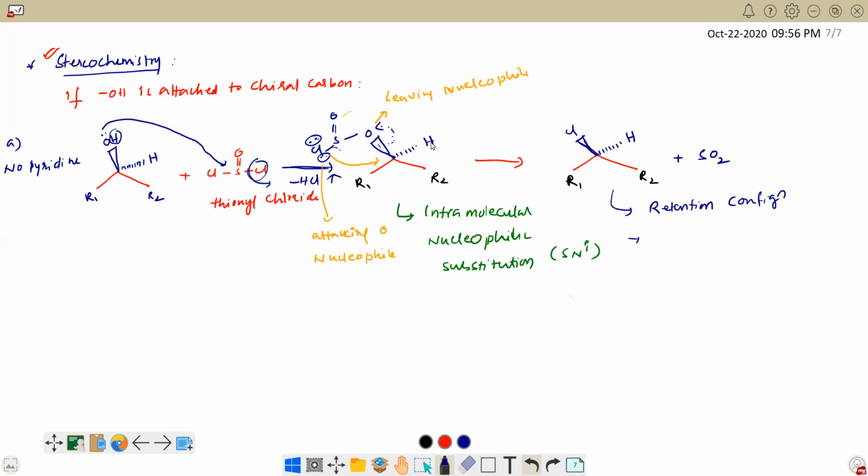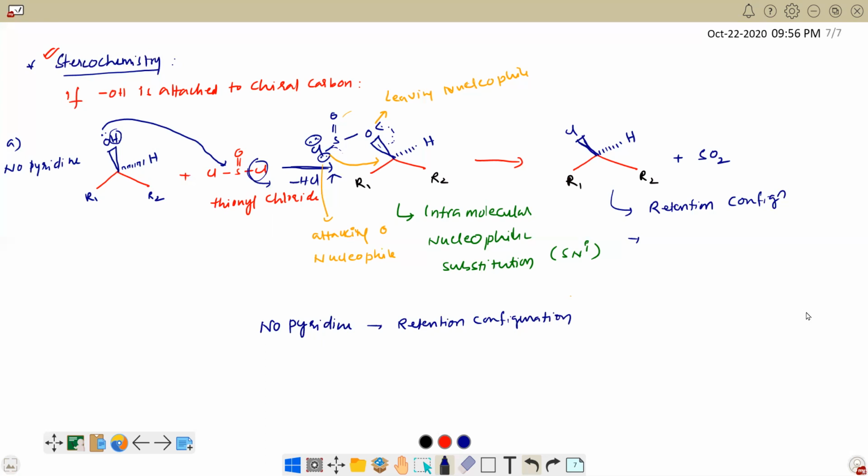So what is the conclusion? No pyridine. Then the configuration is what? Retention configuration we will get. Retention configuration. Done?